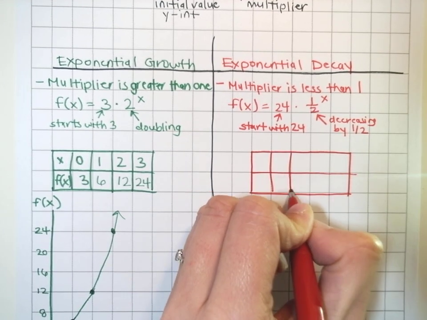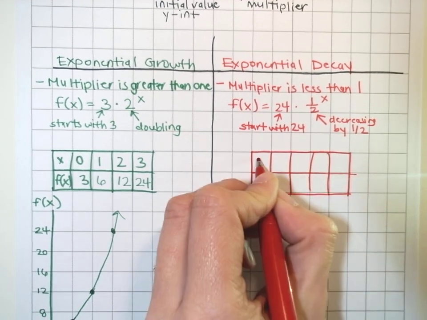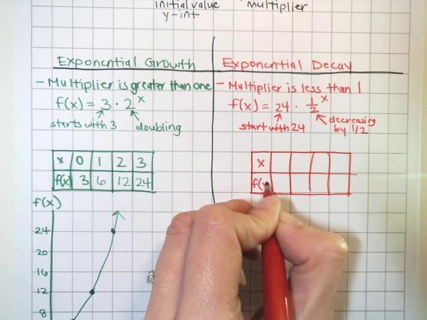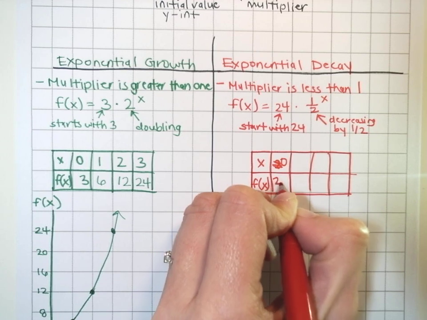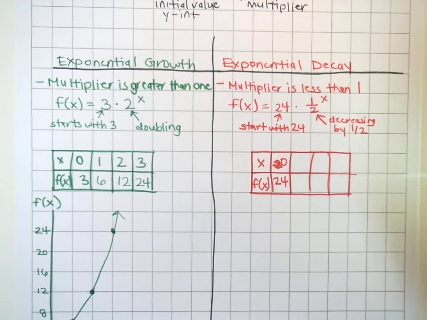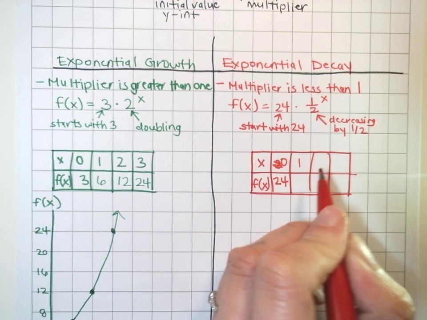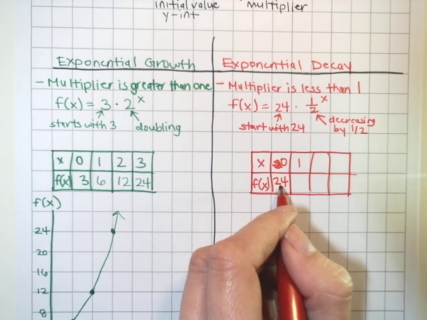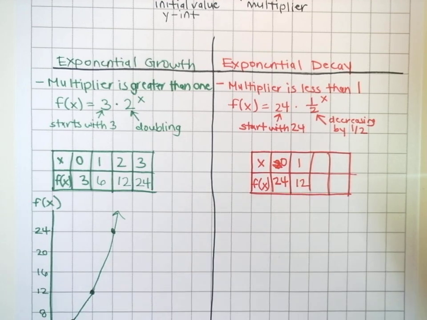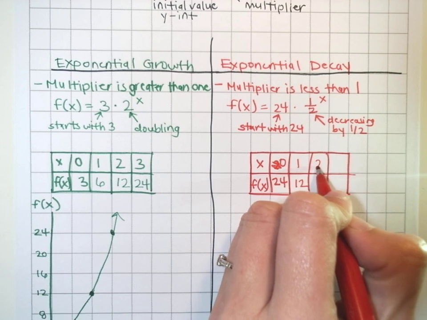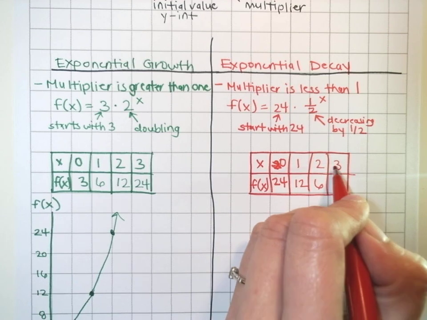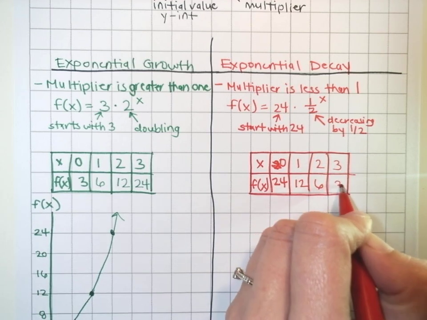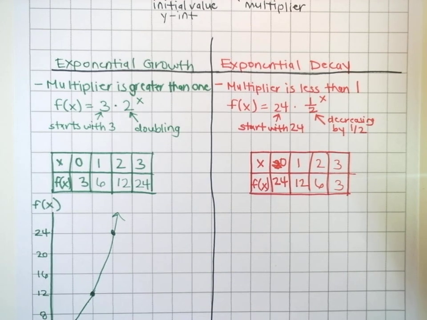Each time we're going to cut the number in half. So when x was 0, we had 24. And then after day 1, we lose half. It's decreasing by half. So we only have half left, which means we would have 12 left. And then after 2 days, we'll lose half again, which means we'll have 6. And then on day 3, we lose half of 6, which means we only have 3 left.